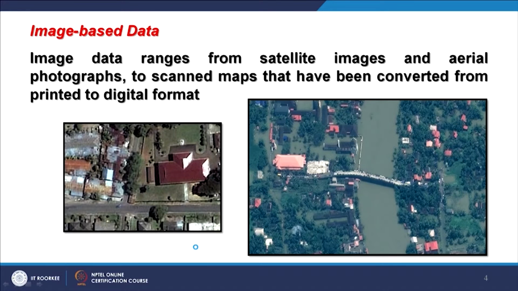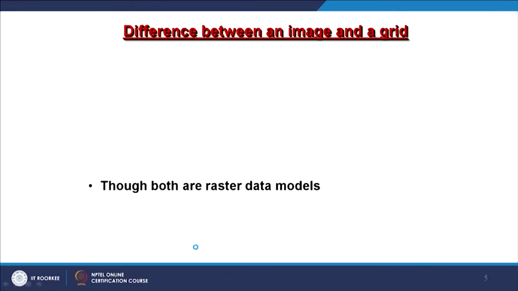Both are raster. Here the cell, instead of being called a cell, we call a pixel, which is a short form of picture element. And how the cell values are stored in the system is also a little different, which we will discuss later.